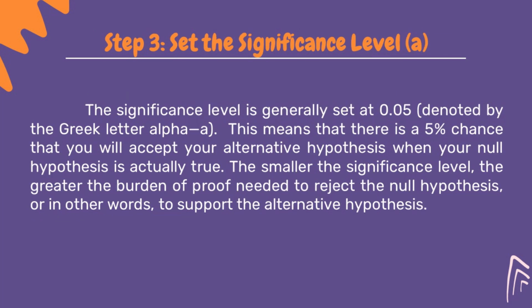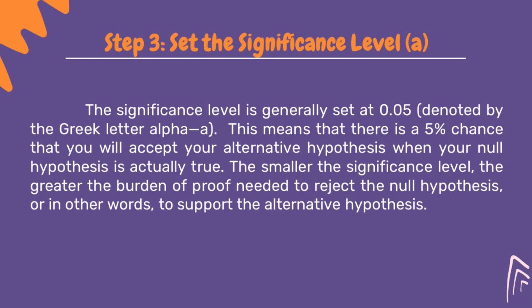Step 3. Set the significance level alpha. The significance level is generally set at 0.05, denoted by the Greek letter alpha.